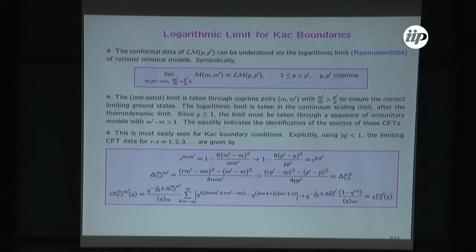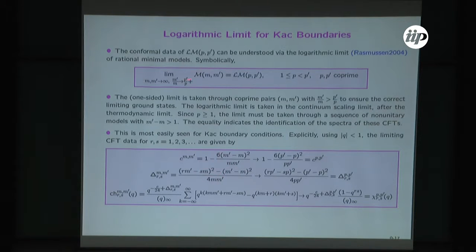Of course, for minimal models, p must be at least 2. But for logarithmic minimal models, p can be 1. So you can get values here that don't occur there for the allowed values of m and m prime. Similarly, if you take the expression for the conformal weights, these are again homogeneous in m and m prime.